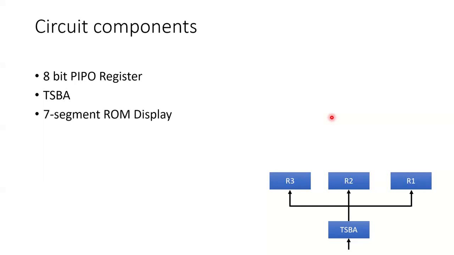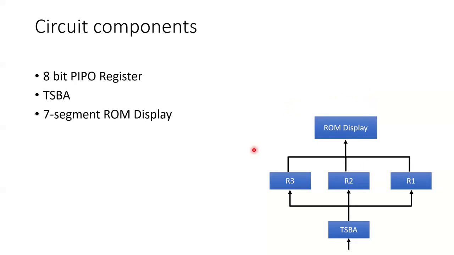Then we need a 7-segment ROM display so that we can show data from the registers on the fancy 7-segment. So that is there. Then this is the last part. We need 2:4 decoders to control the data flow.